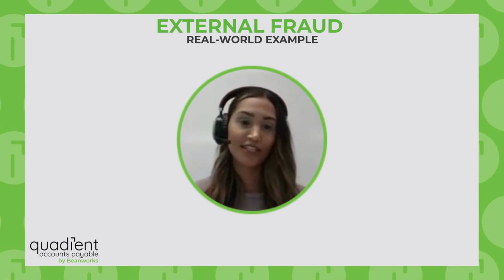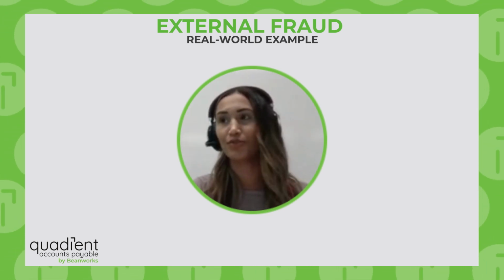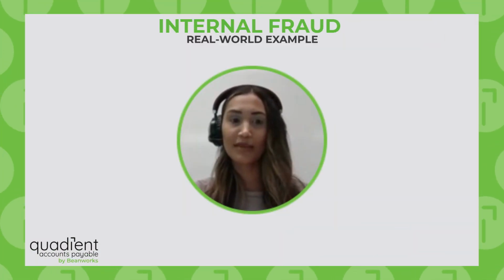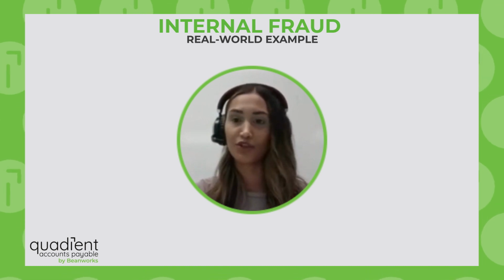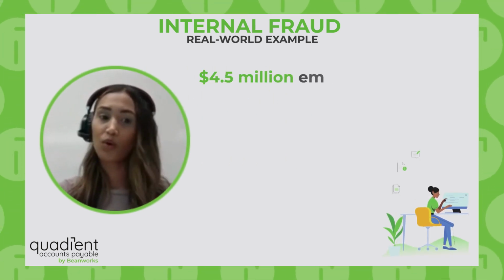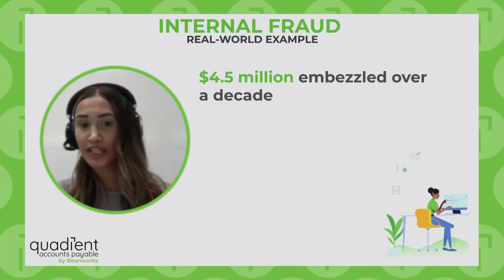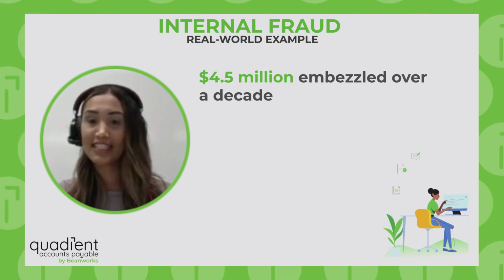Scams like this can be hard to detect, but through approval workflows, we can help minimize the risk that you might get duped. However, for AP teams, the risk doesn't end with external threats. For example, one Oregon-based company saw more than $4.5 million embezzled over the course of a decade.